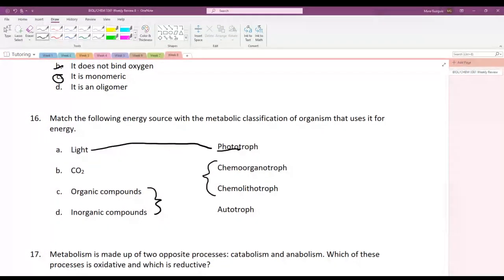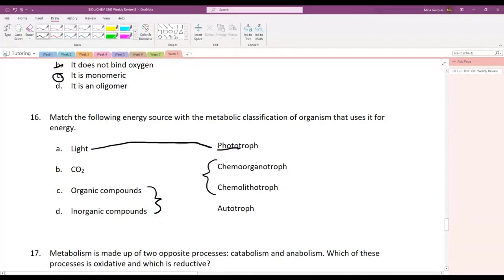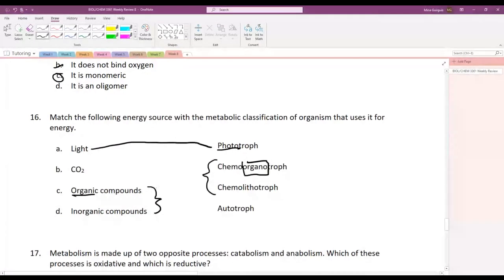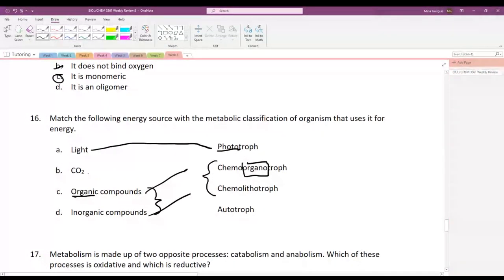Not too hard to guess. More specifically, exactly like you might guess, organo is organic, and litho is inorganic, which just leaves CO2 for the autotrophs. Okay? And an important thing to note is CO2 is not an inorganic or an organic compound. It's kind of left separate.